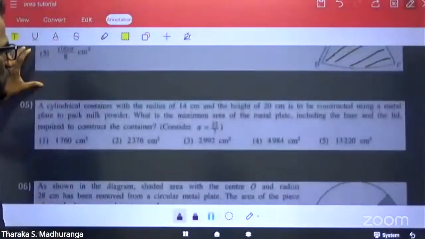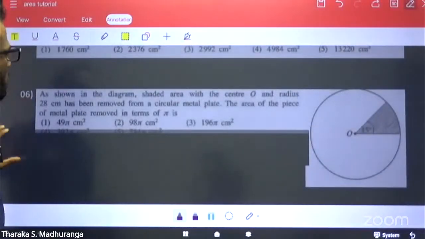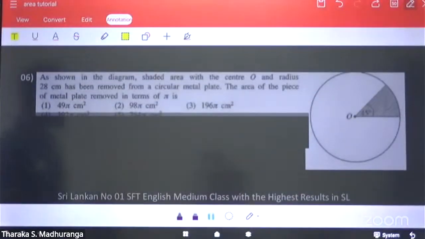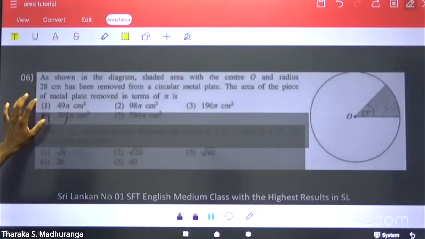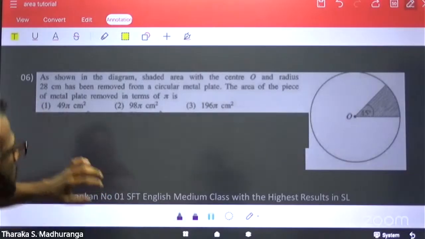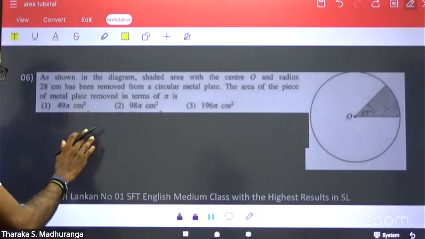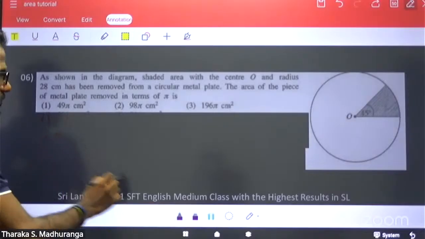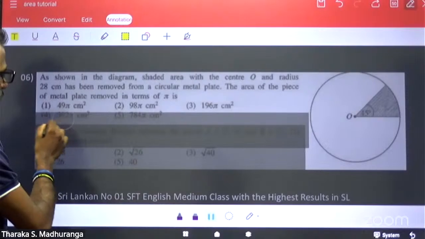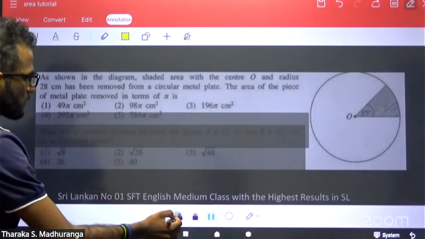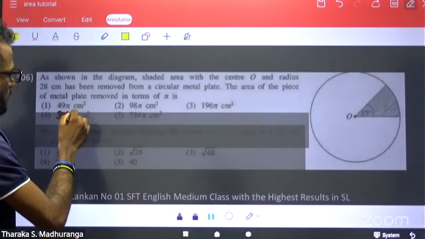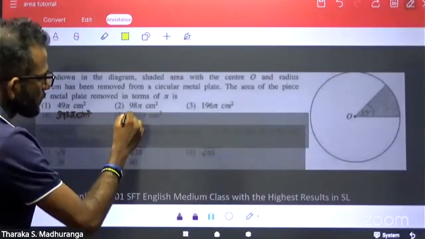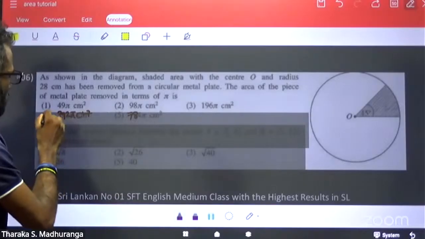Question number 6. Same type question. The problem is it's not visible to answers. There is a fourth answer.